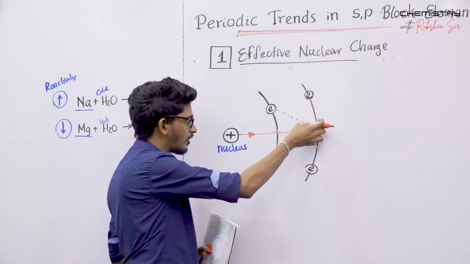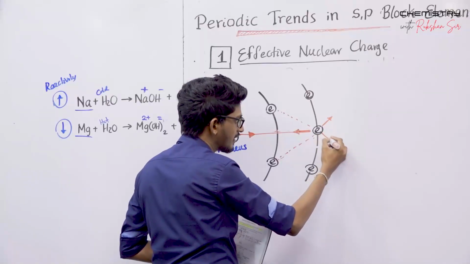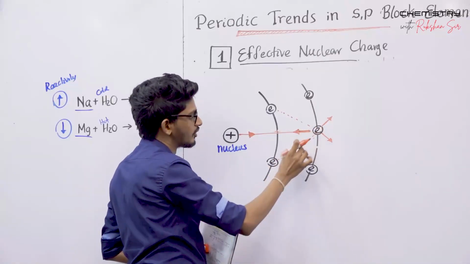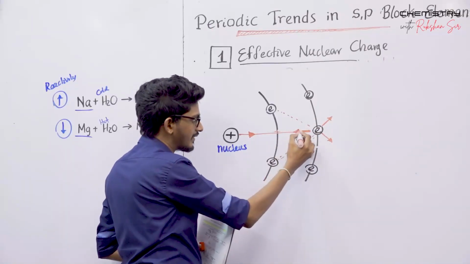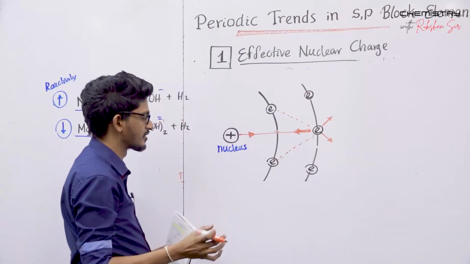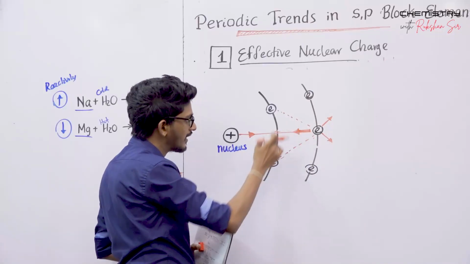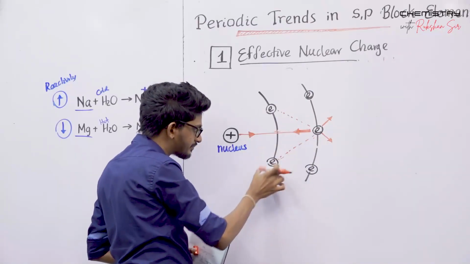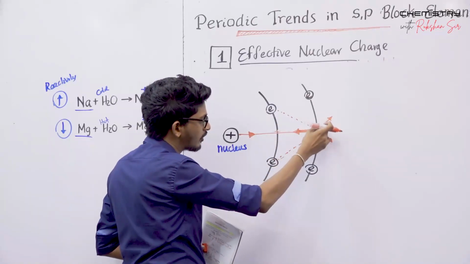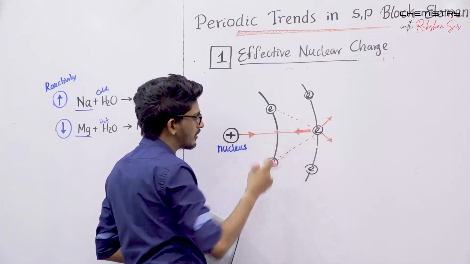The attraction strength will be decreased due to the repulsions by the inner electrons. The inner electrons will repel these electrons outwards, so the net, effective attraction becomes smaller, as those will repel your outermost valence electron from the nucleus.